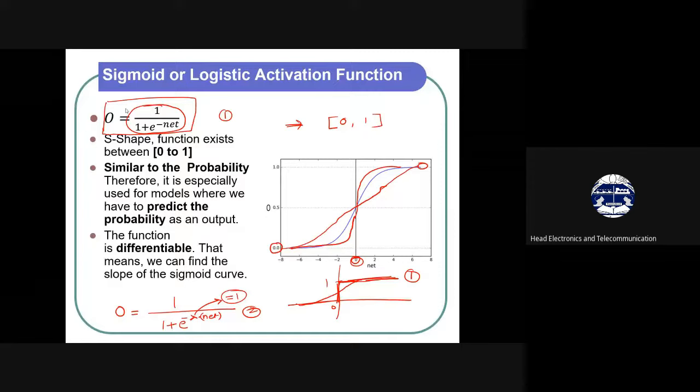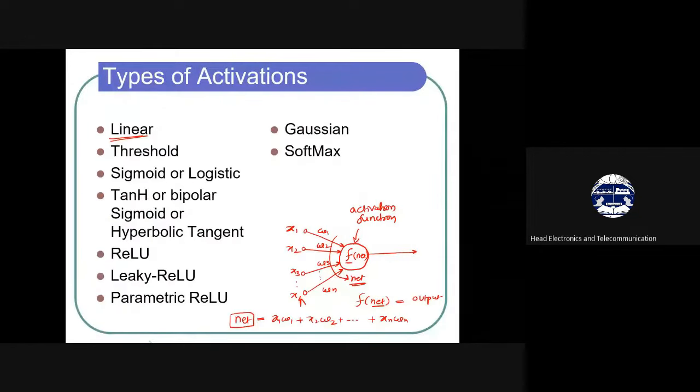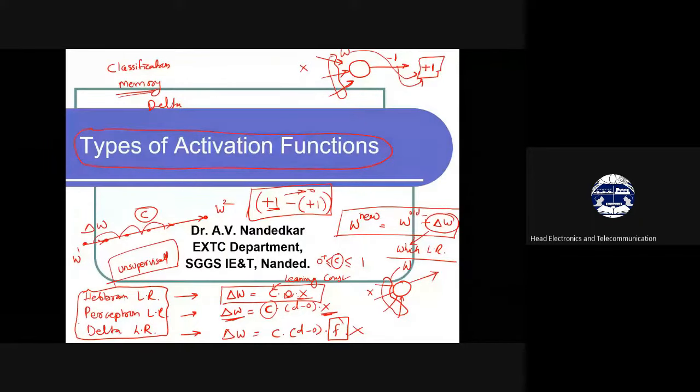The beauty of this activation function is that it is differentiable. That means we can find the slope of the sigmoid curve. Now if you go back and see this delta learning rule, you will see that there is a term f dash. This term f dash is the derivative of the activation function. So the delta learning rule has a limitation that you cannot use an activation function which is not differentiable.